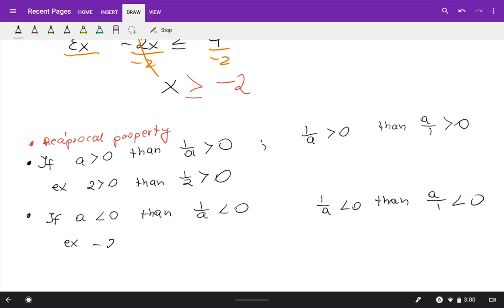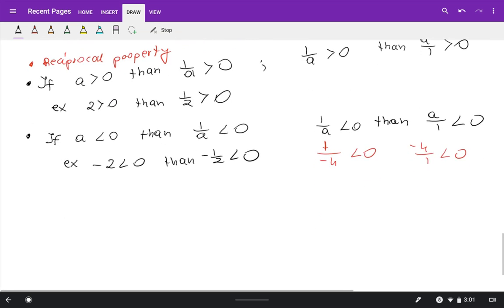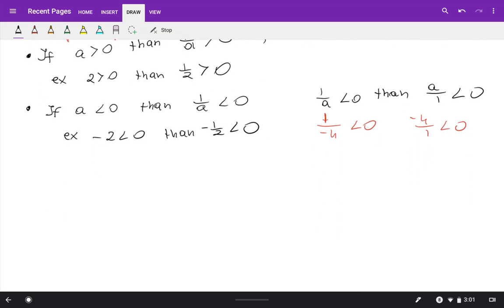We know that -2 is less than 0, then the reciprocal, which is -1/2, of course, has to be also less than 0. Or an example for this one, 1 divided by -4 is less than 0, then the reciprocal of that, which will be -4 over 1, of course, is less than 0. So I think we'll use it a couple times. So we're going to start solving inequalities.